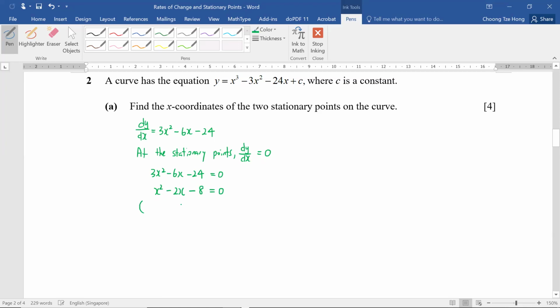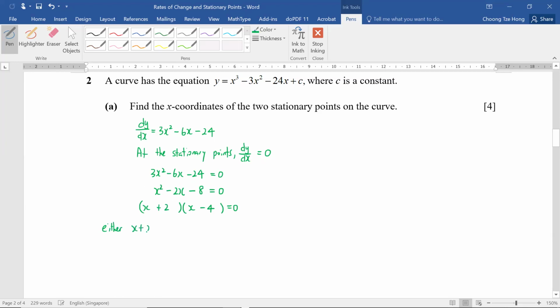Then we're going to factorize. We have x over here, and minus 8, so we are going to have plus 2 and minus 4. We're going to have two x coordinates, so two stationary points.